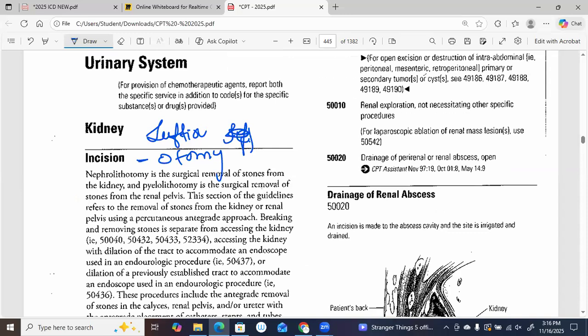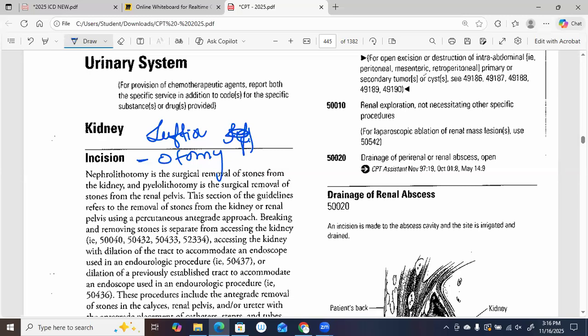So whenever we make an incision into an organ or structure for a diagnostic purpose, or to obtain tissue, remove a foreign body or stone, explore the organ, or place a drain to remove fluid, we call it nephrotomy. So otomy means incision and nephro means kidney.